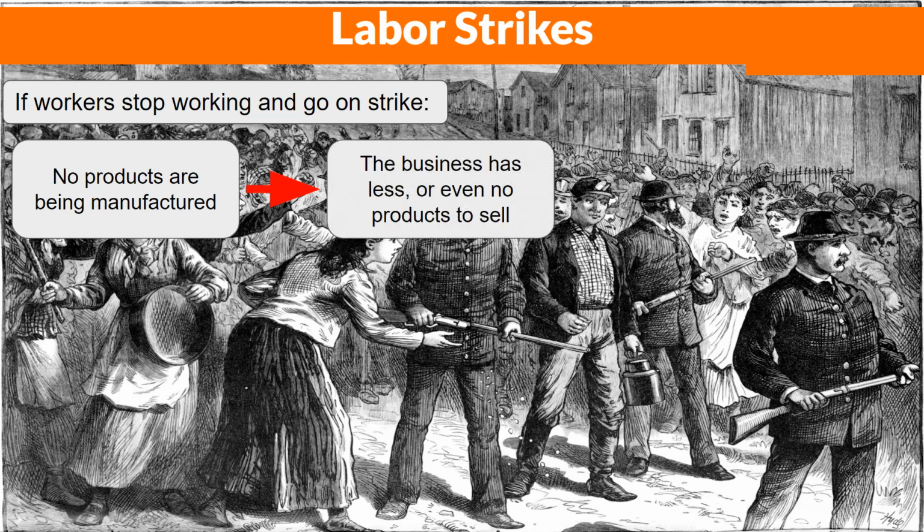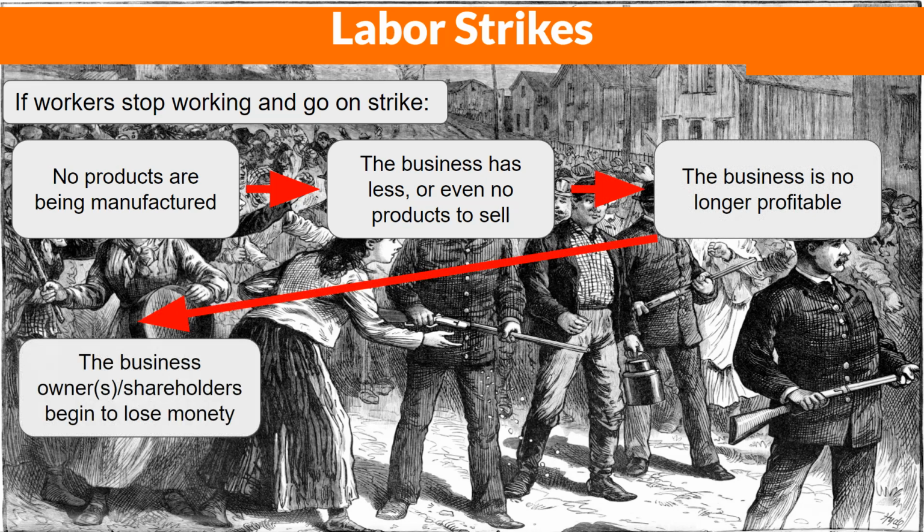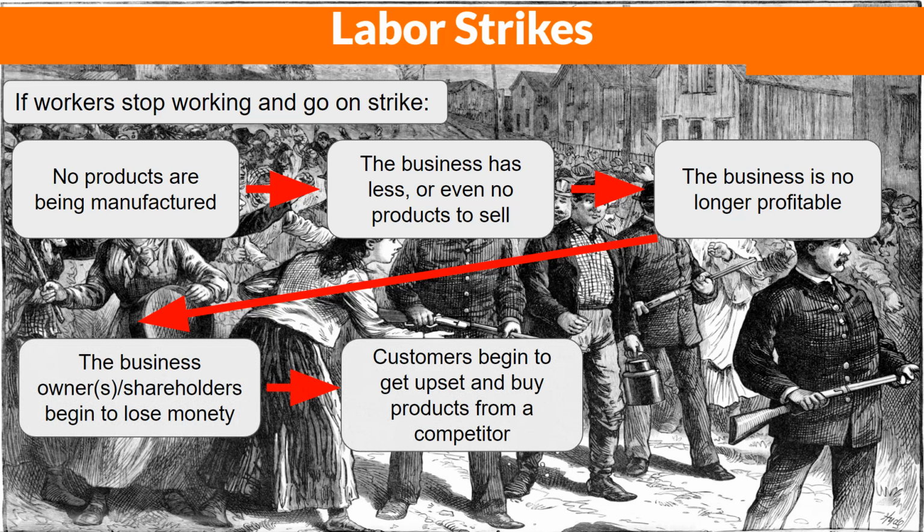The business has less or even no products to sell. The business is no longer profitable. The business owners, shareholders, begin to lose money. Customers begin to get upset and buy products from a competitor.